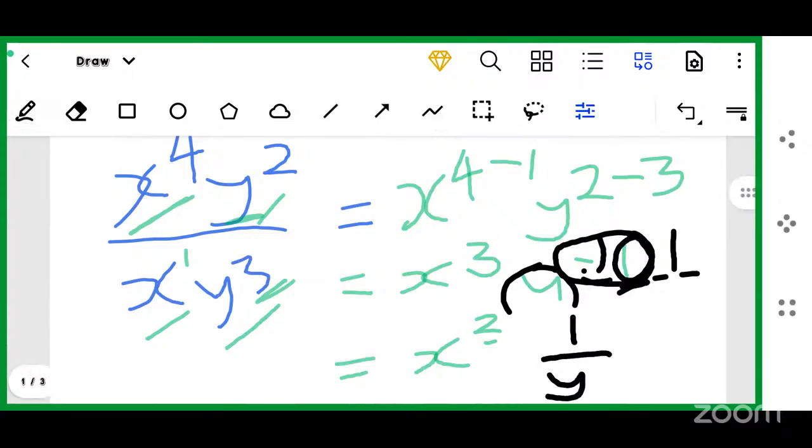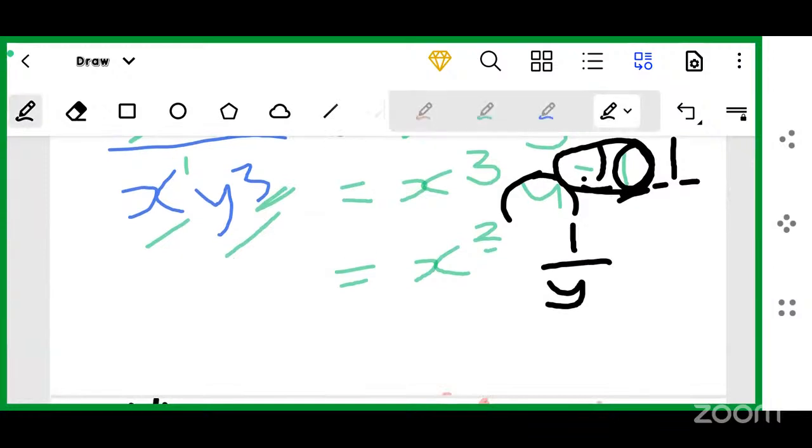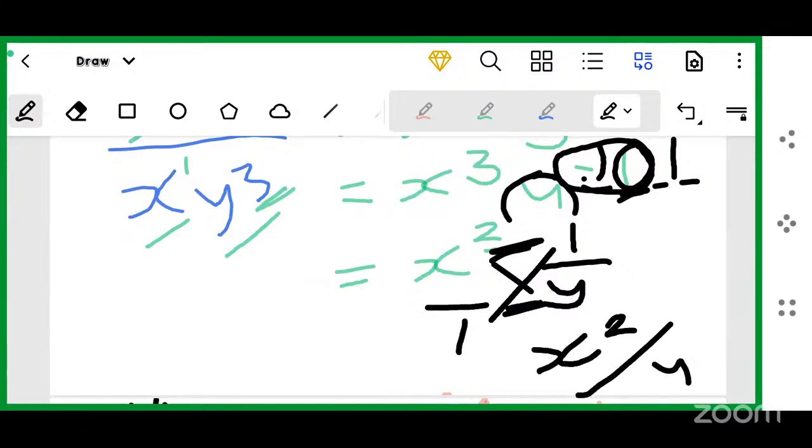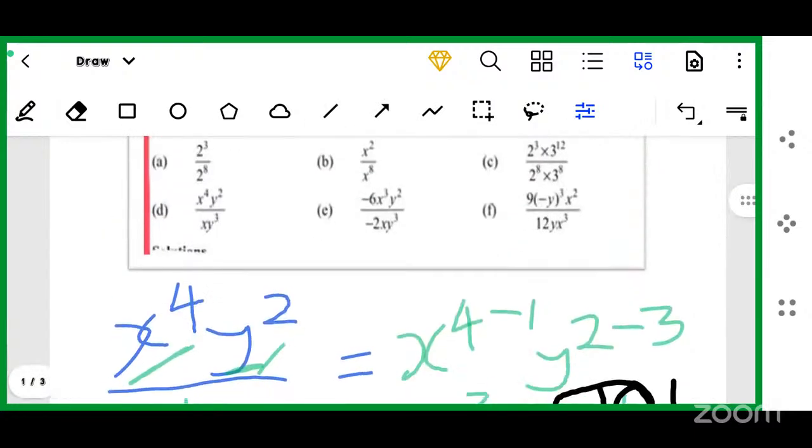And afterwards, we can just divide this by 1, and we multiply, and we're going to have x to the power of 2 divided by y, which is the final answer there. Are we clear? Yes. Okay, don't cross multiply, sorry about this, because we don't have a working, we don't have an equal sign. So, okay, let's see the next one.